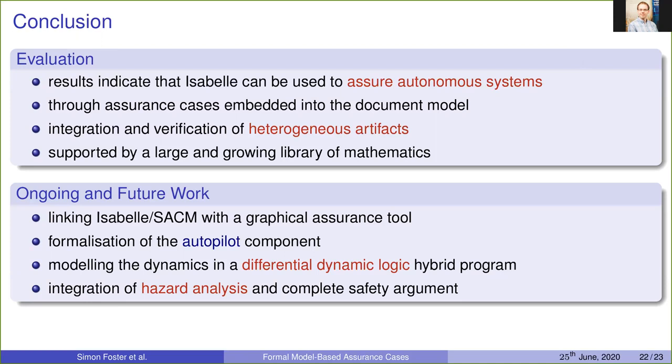So we're looking at the autopilot component, the PID component, and looking at how we can verify that along with the dynamics in differential dynamic logic, which is a deductive logical system for verifying hybrid programs from André Platzer that we've been working on integrating into Isabelle. And also we want to integrate a full hazard analysis and complete the safety argument so that we can really show, from the top level claims, the various hazards that exist and how those hazards have been mitigated.